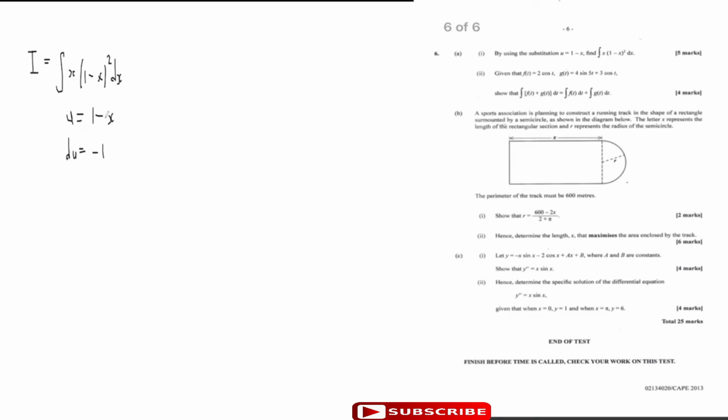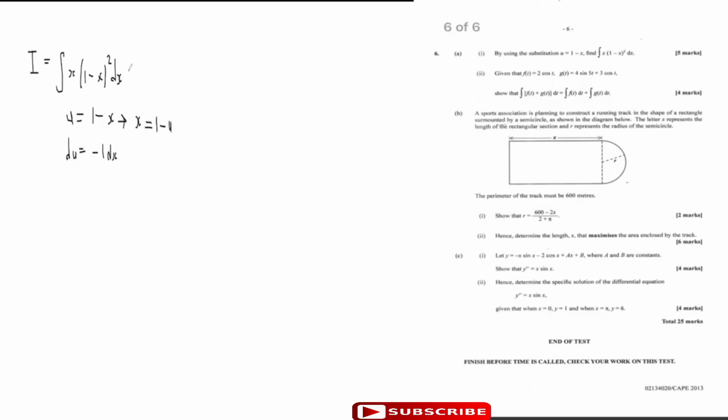And du is minus 1 dx, and so if this is u and this is du, then this is telling us that x is actually 1 minus u.